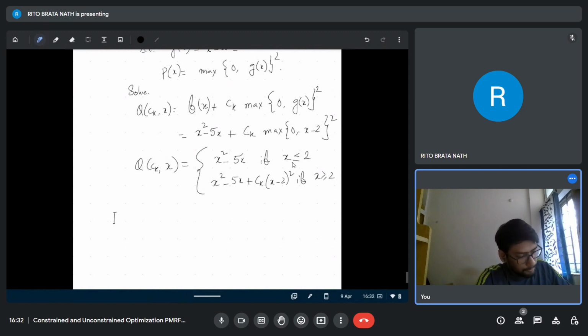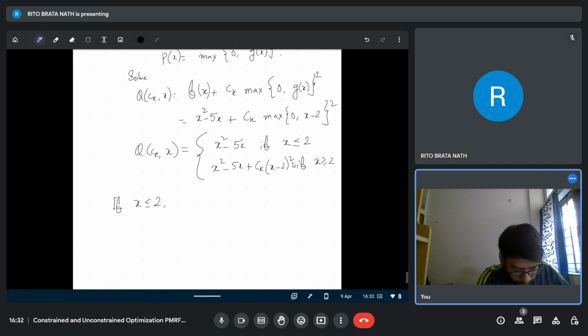Now if x is less than or equal to 2, this has a minimum at x equals 2.5 just for unconstrained optimization, right?